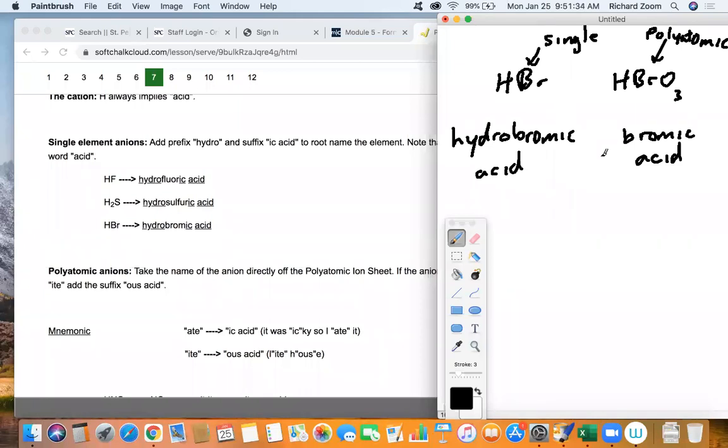Now, with regard to the polyatomic ones, there are two rules here that are going to be important, and I've got them here. If the polyatomic ion ends in the suffix ate, then it becomes ic acid, because, like in this case here, BrO3 is called bromate.